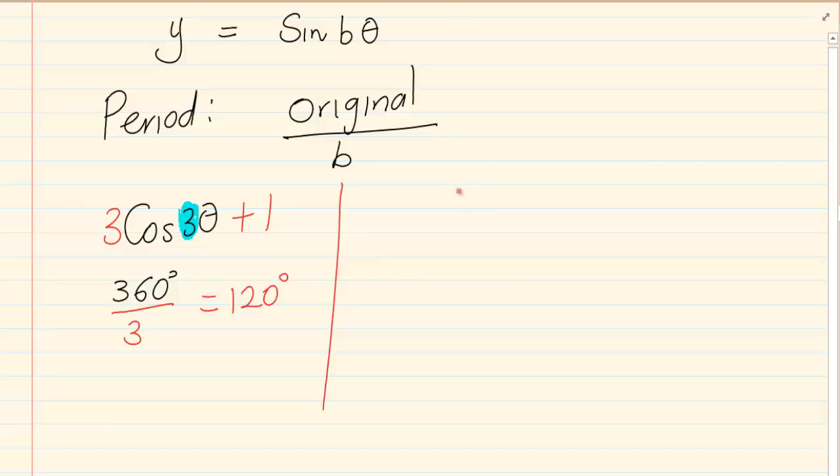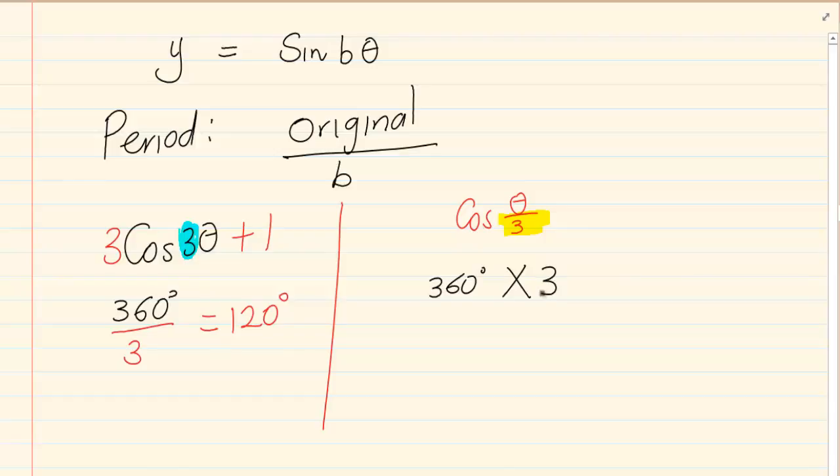Let's say I gave you cos theta over 3. Now what is the relationship? The relationship is divide. The mother graph is 360 degrees. I'm going to do the opposite, so I'm going to times it by 3. Or if you want to use this rule where it says original divided by b, what is the b?